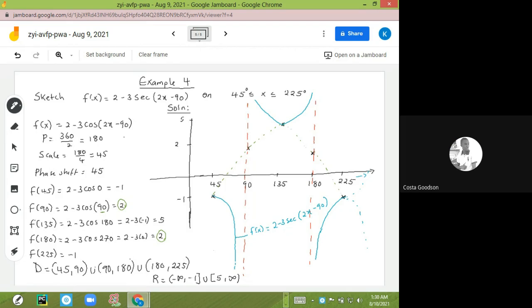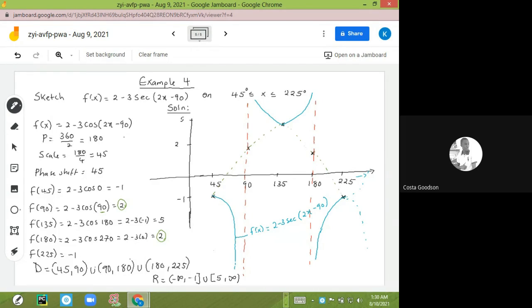Why is it that the vertical asymptotes on this one are passing on 90 and 180? Like the interval is 90, and the other ones it was on 45, and then like that. What are you supposed to follow?